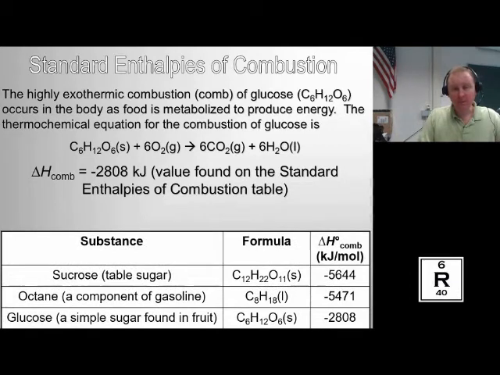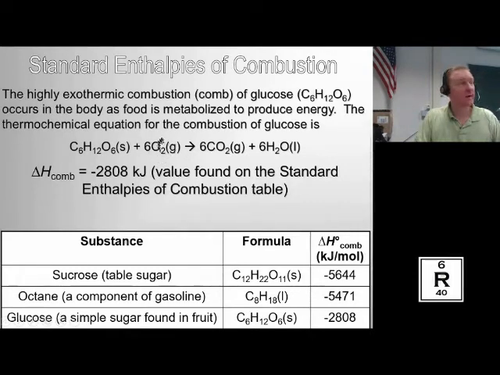So when you look at something like this, I'm going to talk about glucose right now. If we look at our table for glucose, we see that it's a negative 2,808. What does this mean? Enthalpy change of combustion. Anything that's combusting, and this is a very important concept that you should understand having taken chemistry, anything that is undergoing combustion, in this case glucose, is always going to react with oxygen.